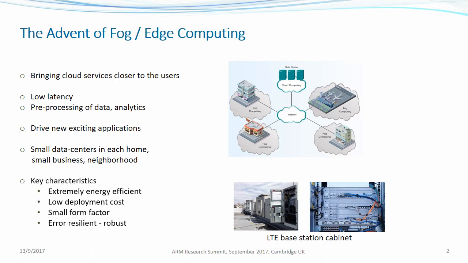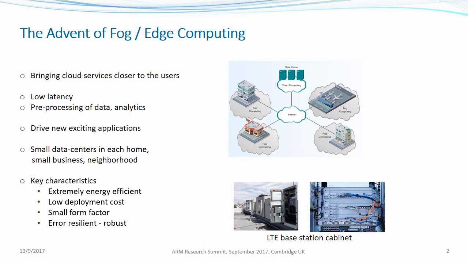So there are some key characteristics that are necessary for servers used in edge computing environments. They need to be extremely energy efficient because they are often out there and you cannot power them easily.